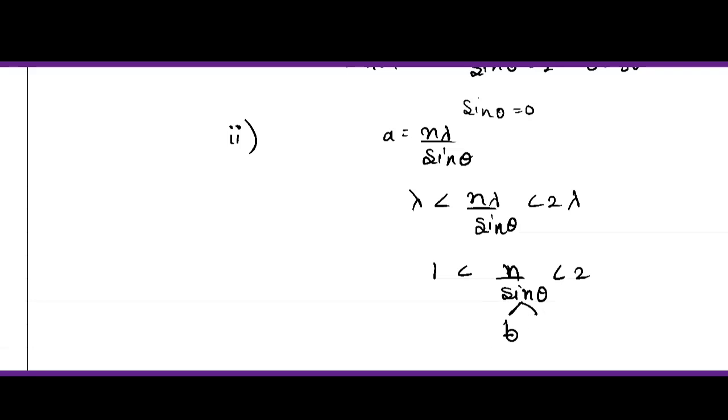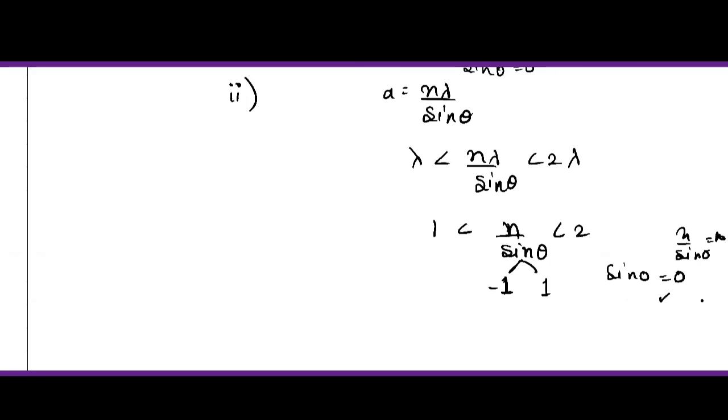The maximum value of sin theta is 1 and the minimum value is -1, and we cannot take sin theta equal to 0, because then n by sin theta becomes infinity, which is not possible. So we are taking only -1 to 1.